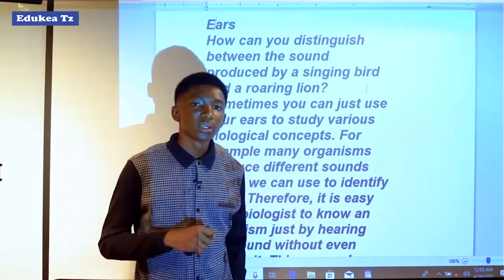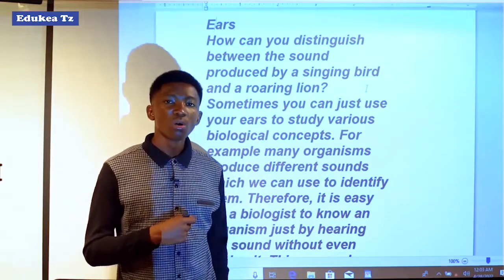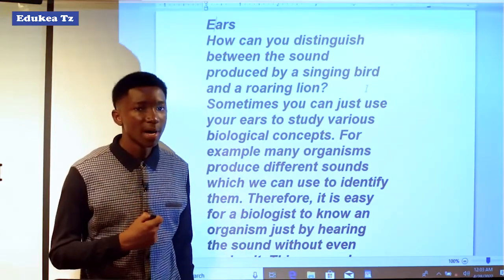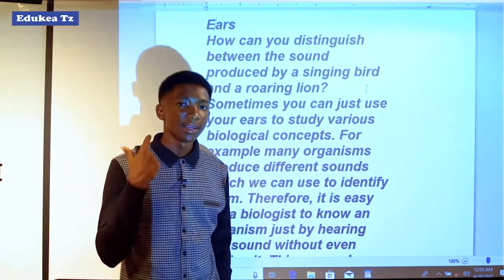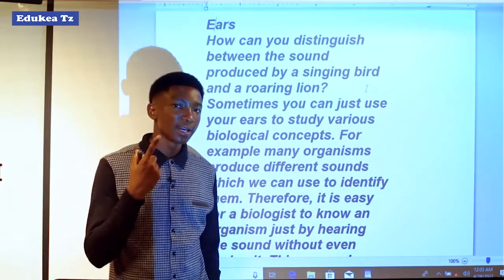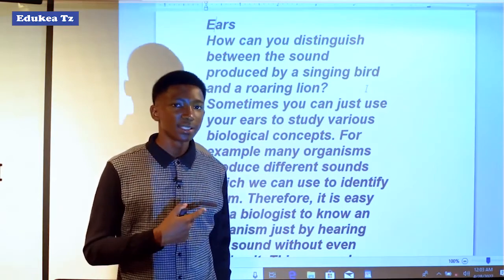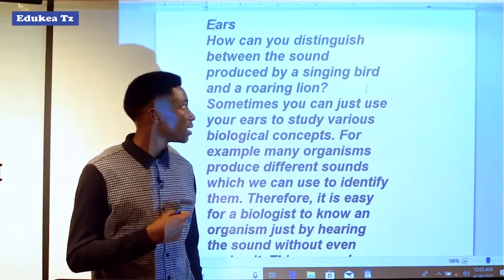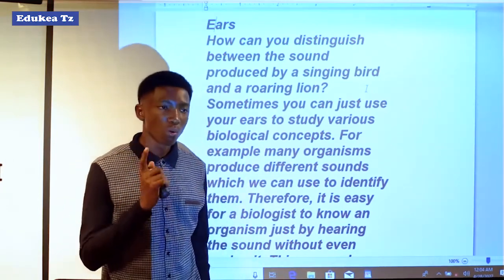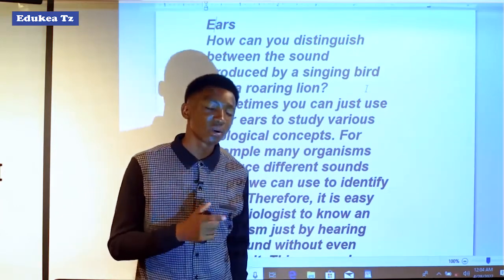Sometimes biologists can know the organism by using hearing, by using the ear. By how an organism cries or roars, you can know which organism it is.